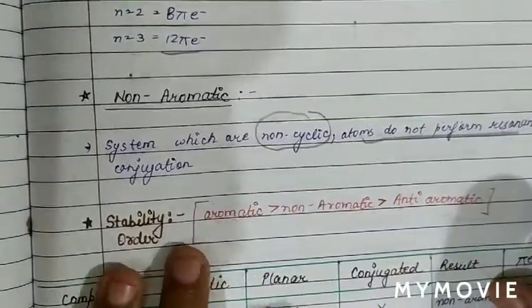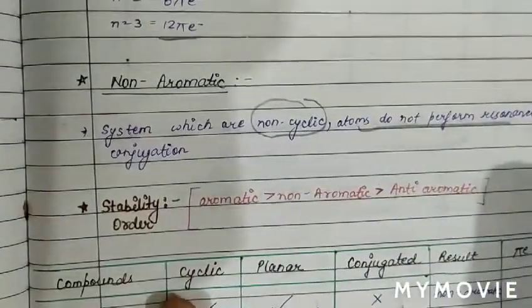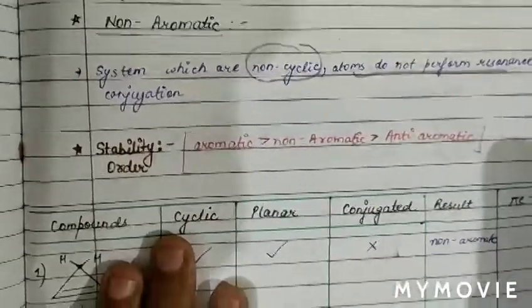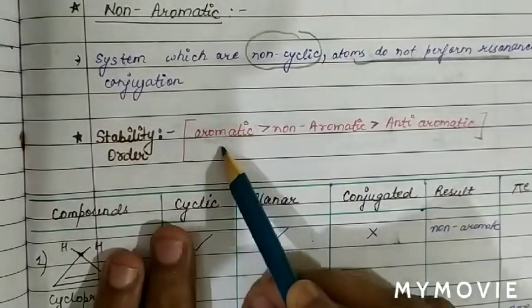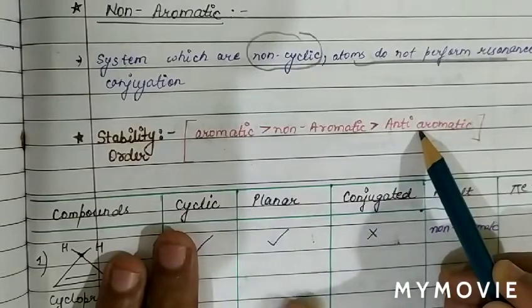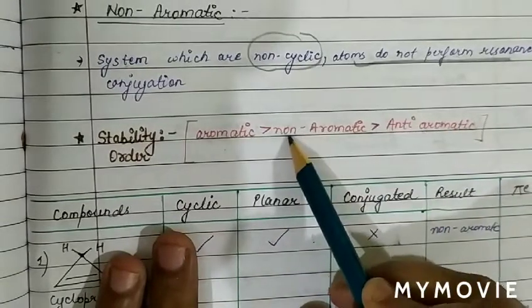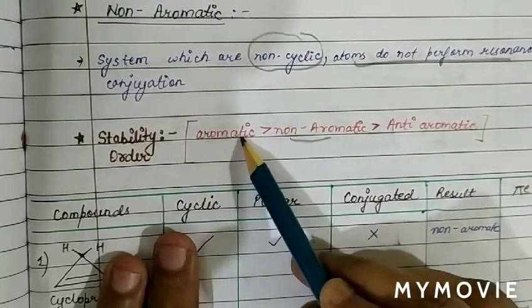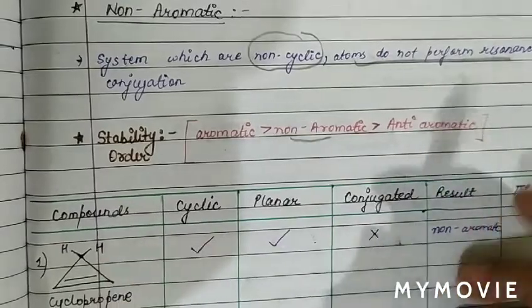Now the stability of these systems: aromatic is the most stable, anti-aromatic is the least stable, while the stability of non-aromatic is in between aromatic and anti-aromatic.